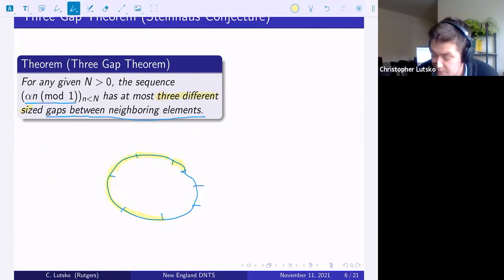So there are at most 3 different sized gaps at any time n. Of course, as you go later and later in the sequence, if α is irrational, the size of the gaps goes to 0. But nevertheless, at any point in time n, they fall into a set of size 3.